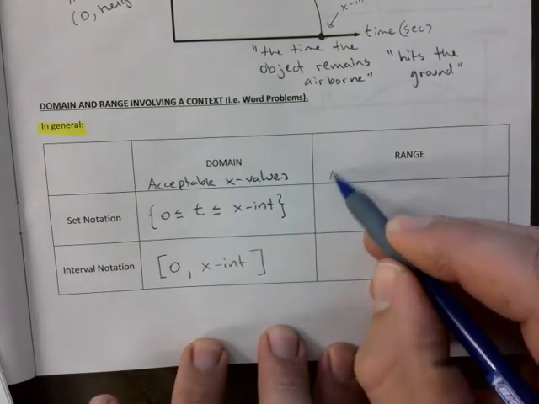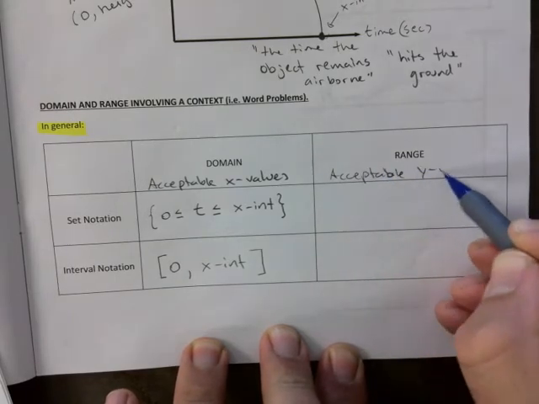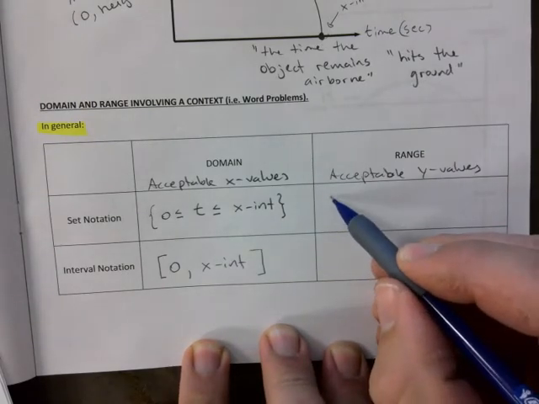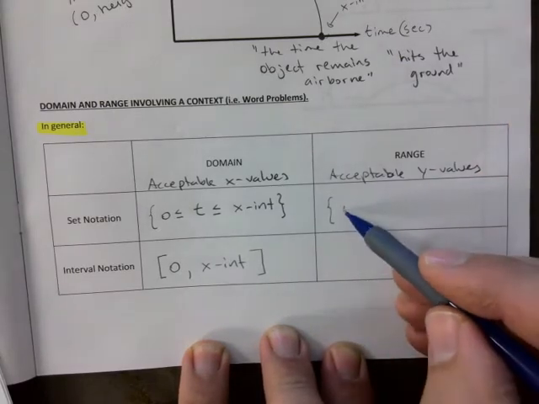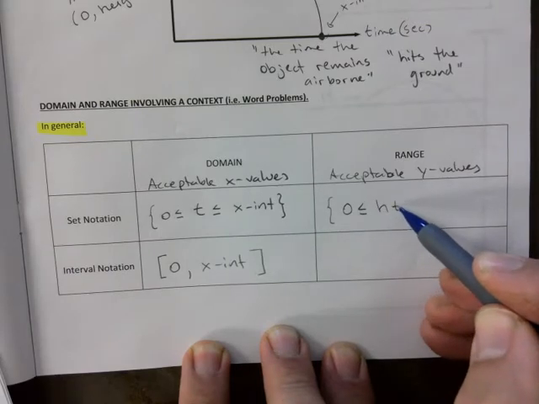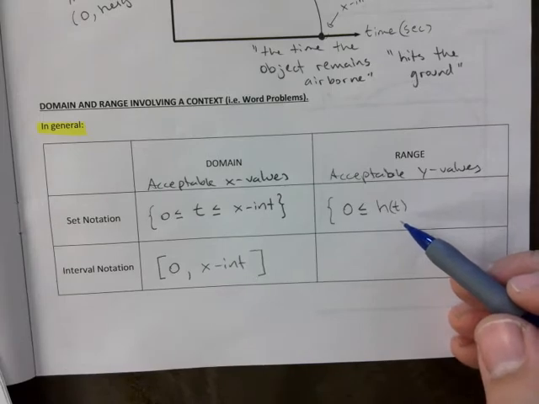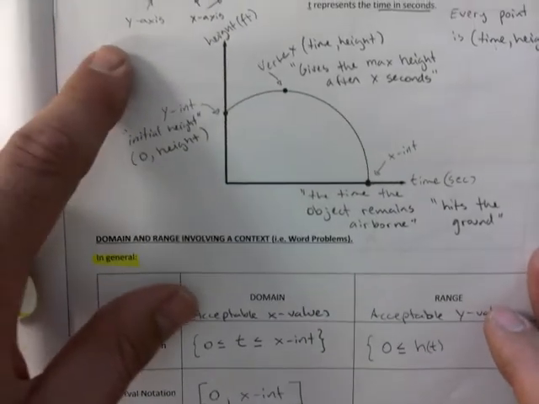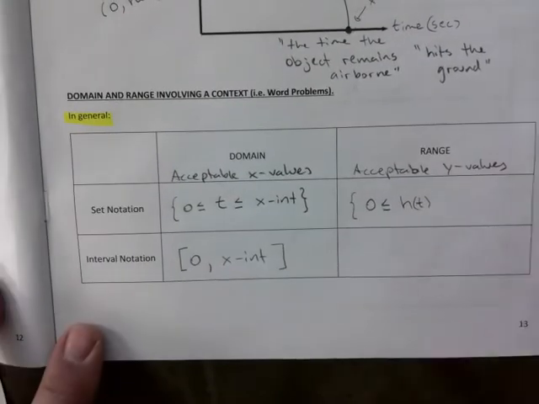The range is acceptable y values. So the range goes from squiggly brackets, right? In this particular case, the lowest height gets to a 0. By the way, h or h of t both would be acceptable. You don't have to do h of t, but whatever variable is there, that's what you put in here. Okay.